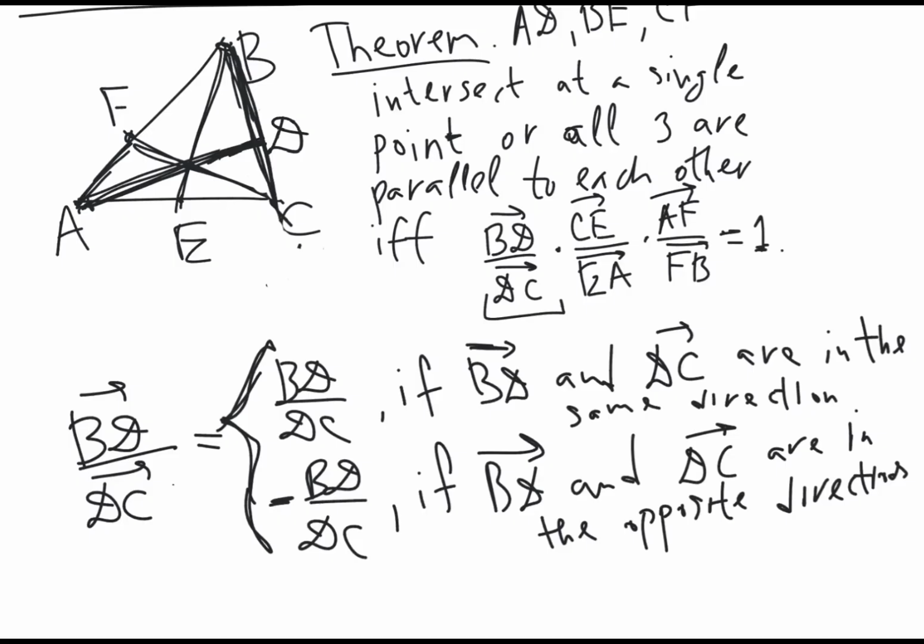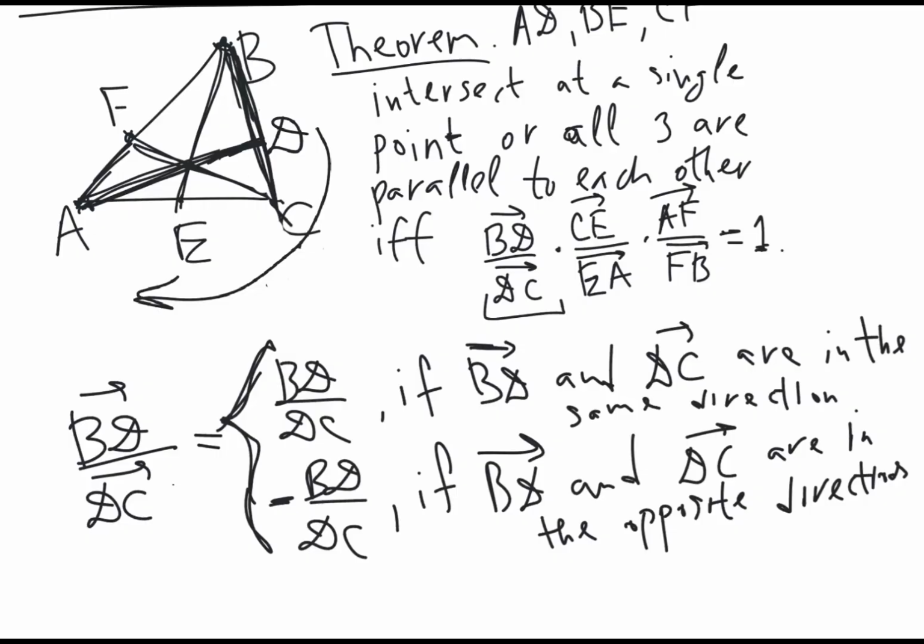Now about this product of the ratios, how to remember it. Basically we start from some vertex of the triangle and move, let's say, clockwise over all the sides and vertices of the triangle.